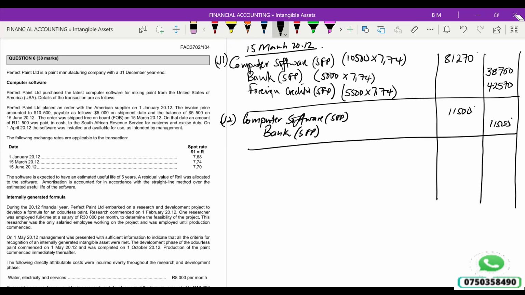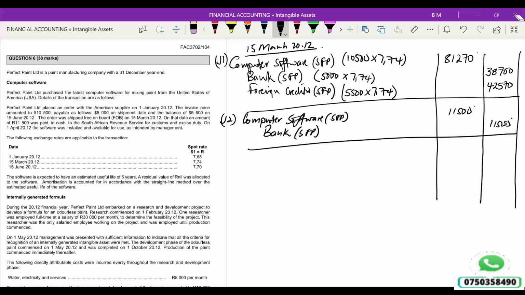Although we're going to pay it on 15 June 2012, we check from 15 March, since we withheld the payment, whether we made a loss or a gain in the movement in the exchange rates. But we had to measure the creditor on the date that we got the risks and rewards of the asset, which was 15 March 2012.